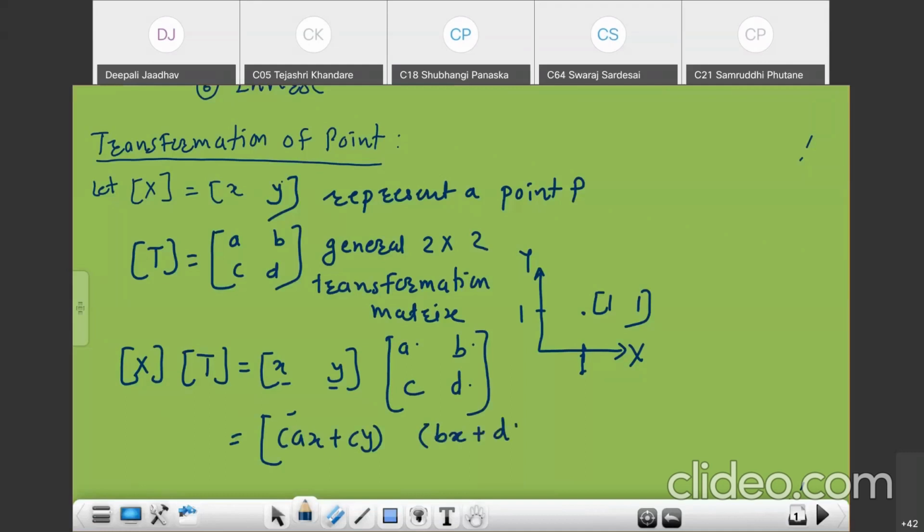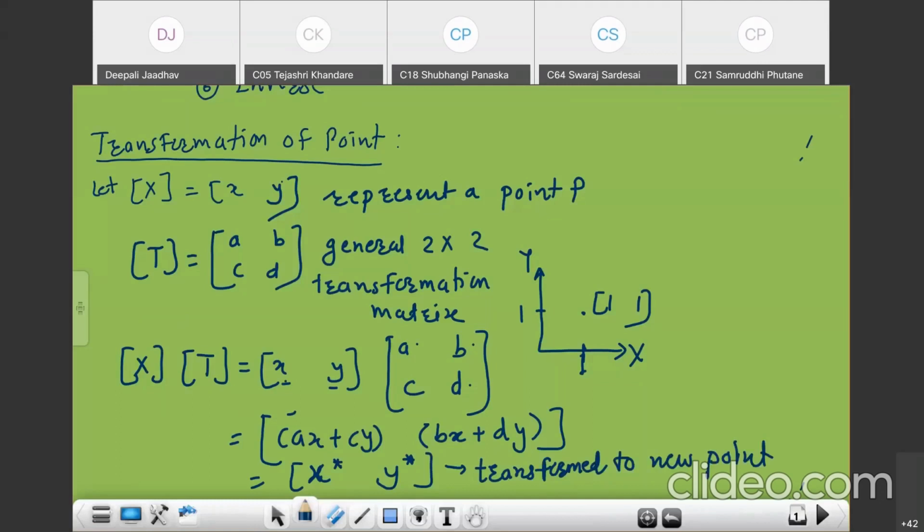This is equal to X star and Y star. What are X star and Y star? These are the new points where the original point XY is transformed. So X star is equal to AX plus CY and Y star is equal to BX plus DY.